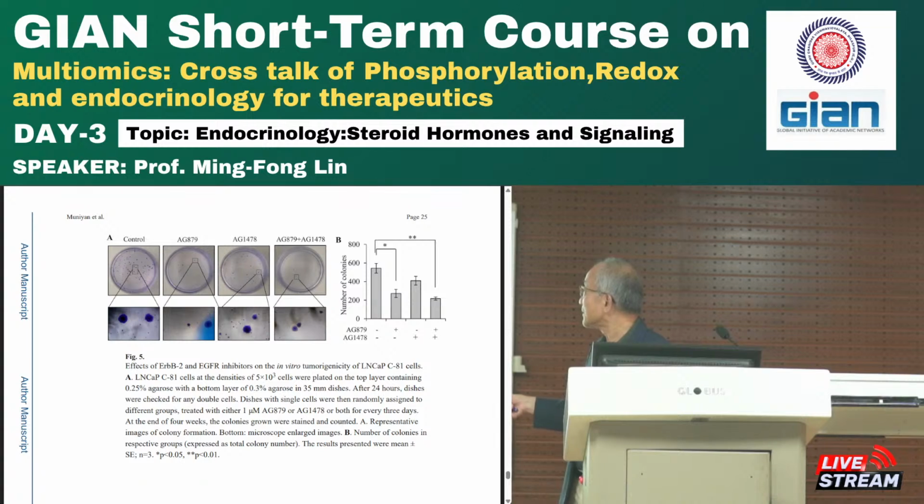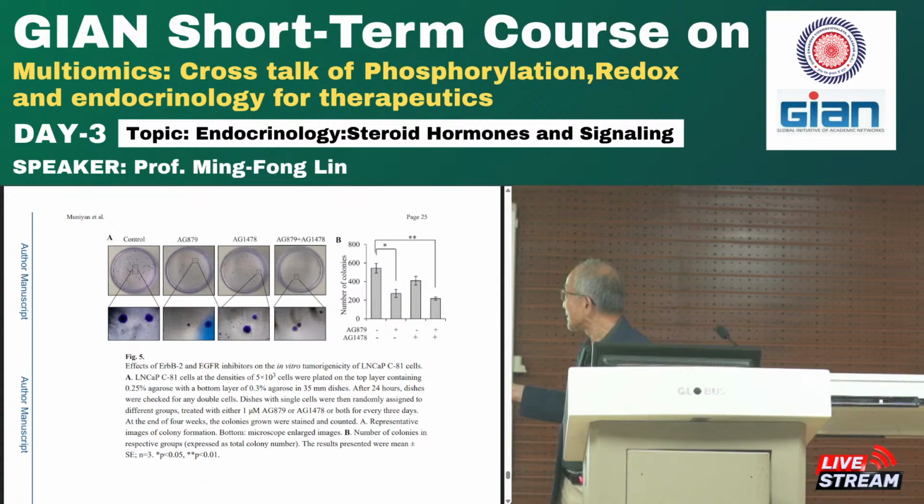So we can see that with the inhibitor, this AG-825 is the ERB2 inhibitor. The cancer cells grow well with a lot of colonies. But with the ERB2 inhibitor, the colony number goes down and the colonies are smaller.